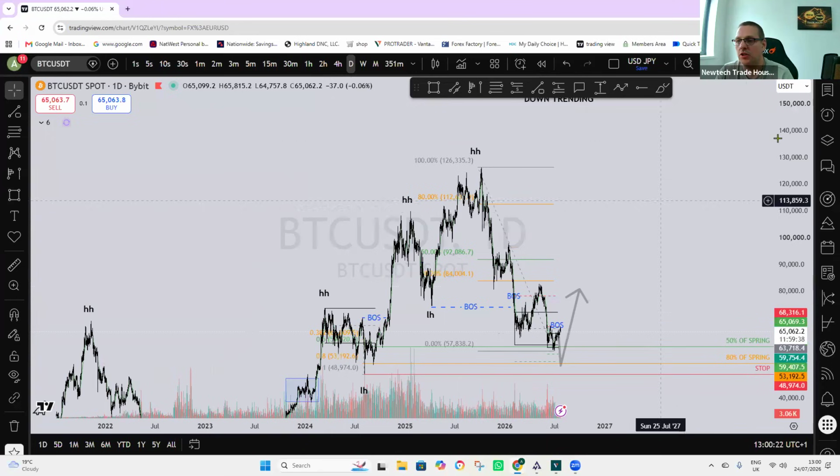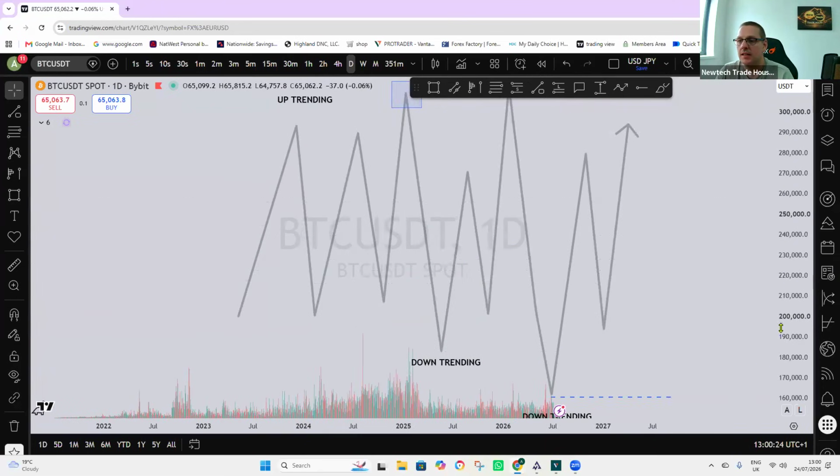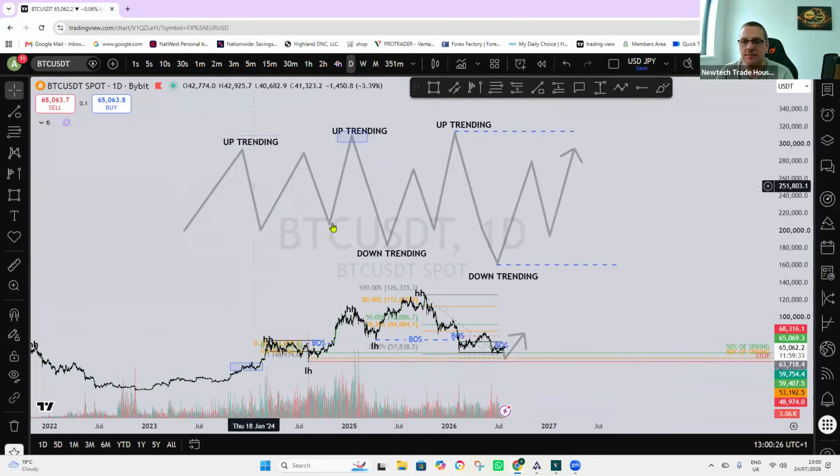So what I want you to do is do this on a regular basis, and work out yourself whether it follows the rules. The rules were a pullback must reach a minimum of 38.2%, and to qualify, it must make a new higher high.